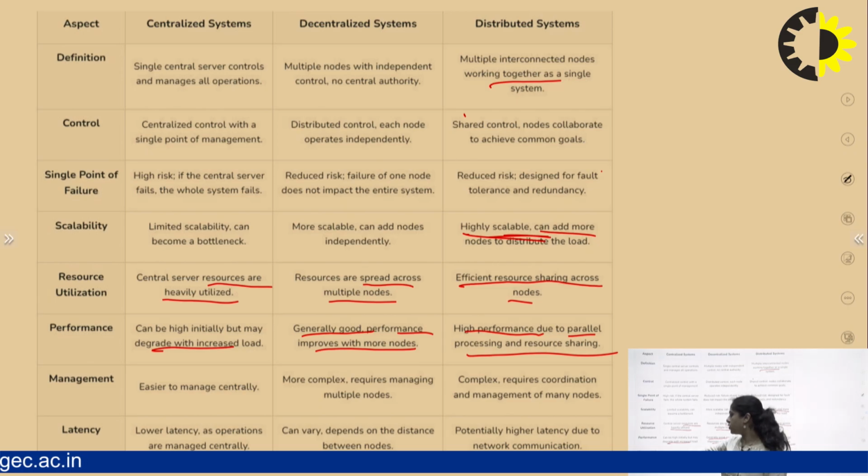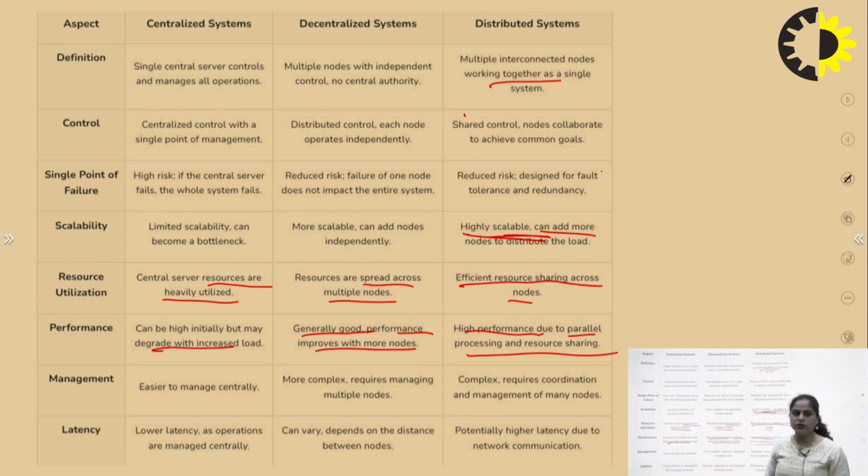In the case of management, a centralized system is easier to manage centrally. There is only one server, so it is easy to manage centrally. A decentralized system is more complex and requires managing multiple nodes. It is more complex than the centralized system.